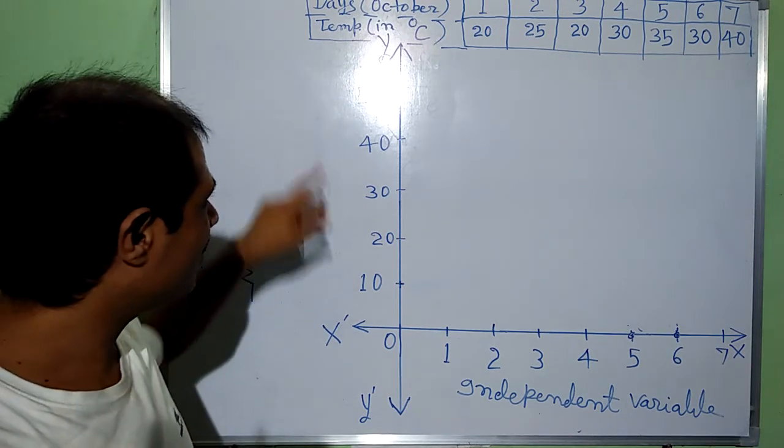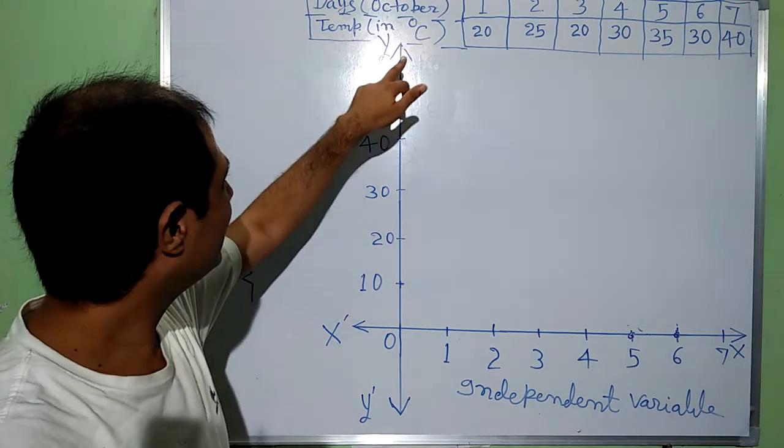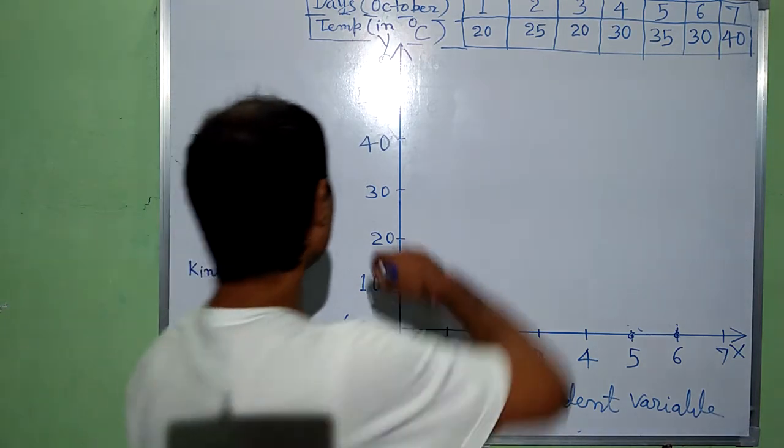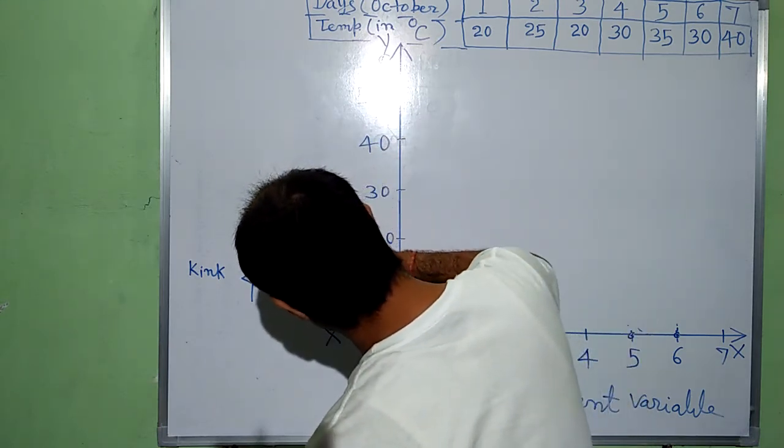On this axis, we have to represent the dependent variable, that is the temperature in degrees Celsius.